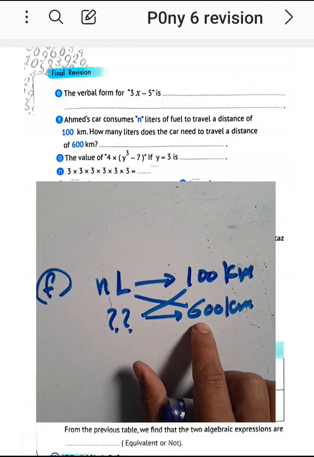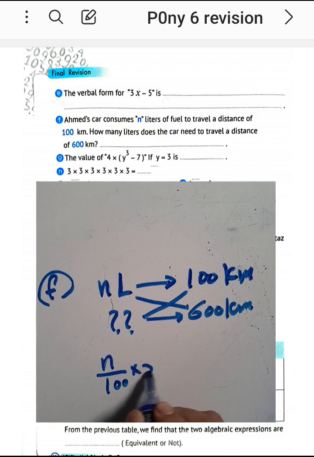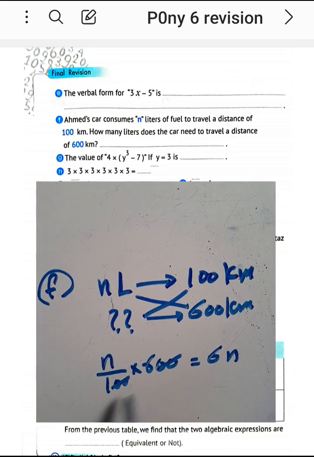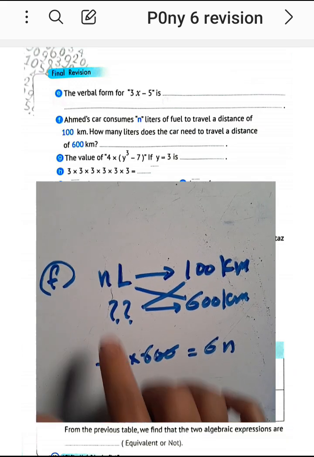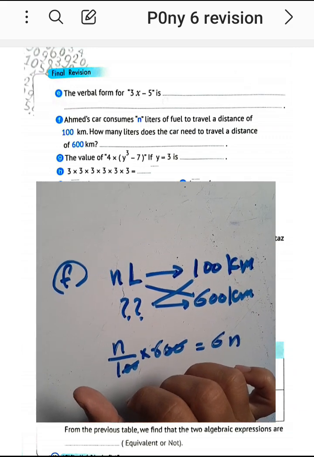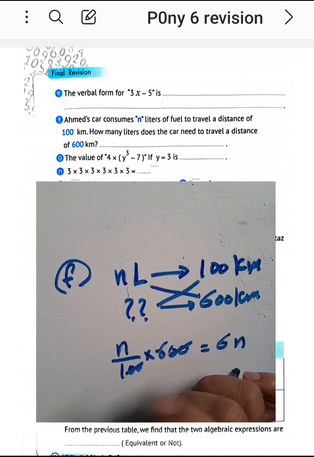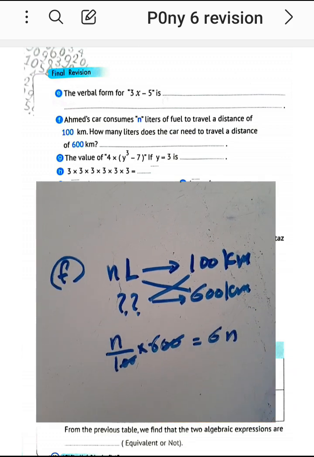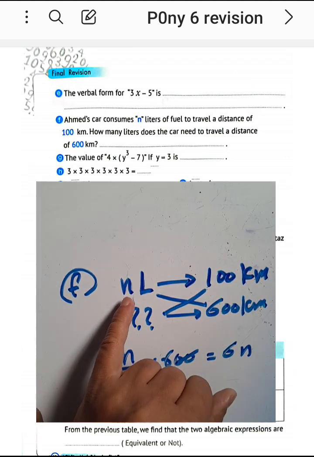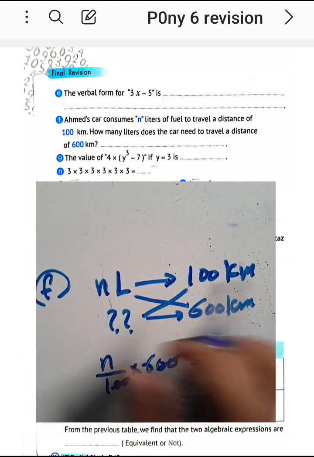Then the result will be n over 100 multiplication by 600. We cancel double zero by double zero and the result will be 6n. First step, we must find how many liters here. n refers to the number of liters this car consumes to go 100 kilometers.